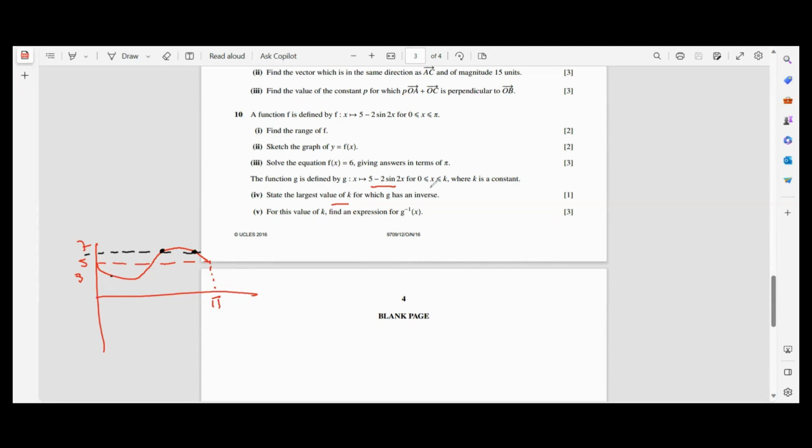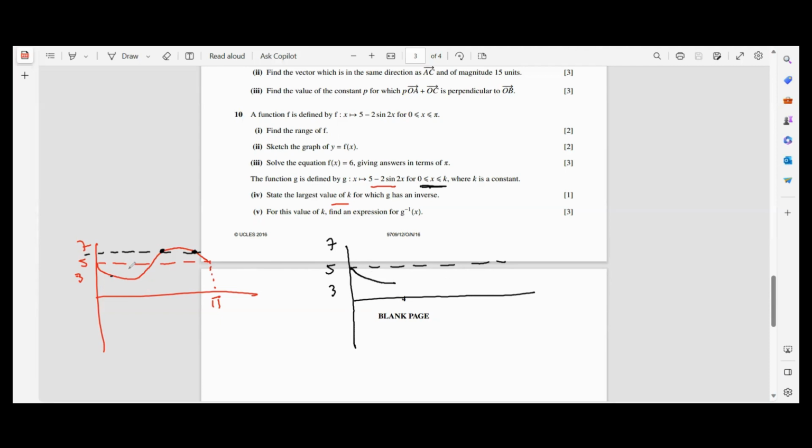So we have to set the domain. If you want to set the domain, we draw it again. This is 5, this is 7, this is 3. This is the midline, and it means we only have to draw it until here only.